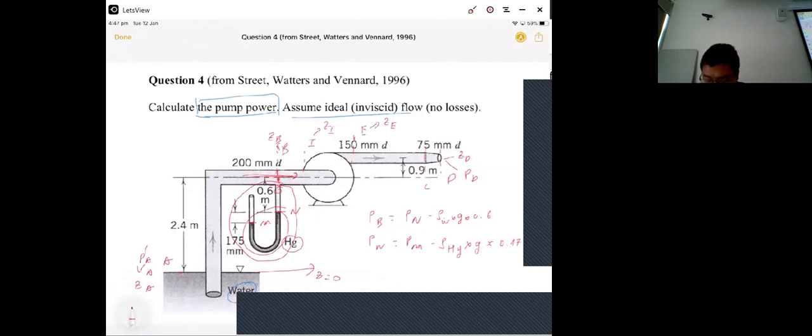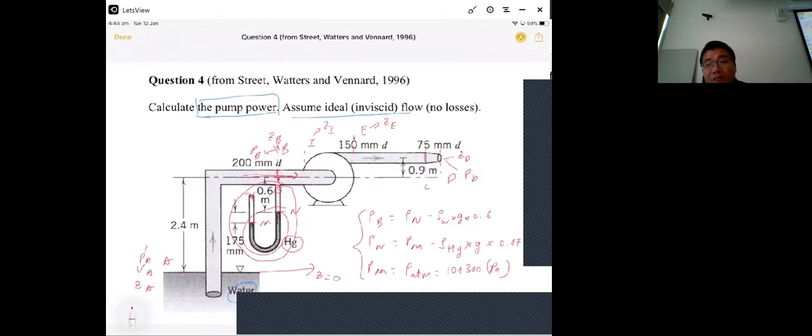Okay, and PM, this one is open area, so PM equals atmospheric pressure, or 101,300 Pascal. It means based on fluid static you can find PB.